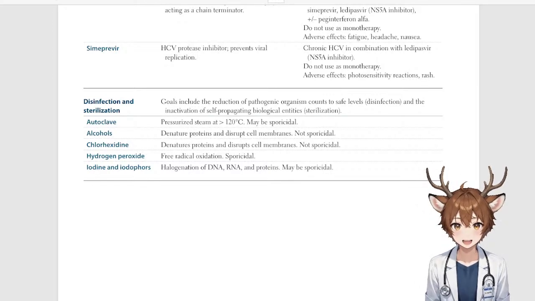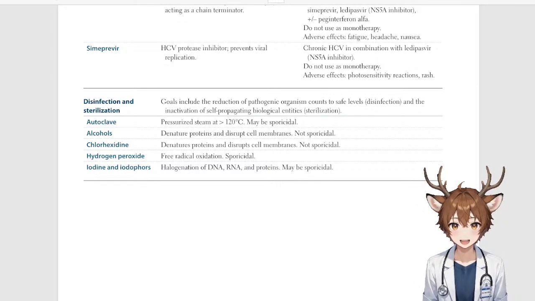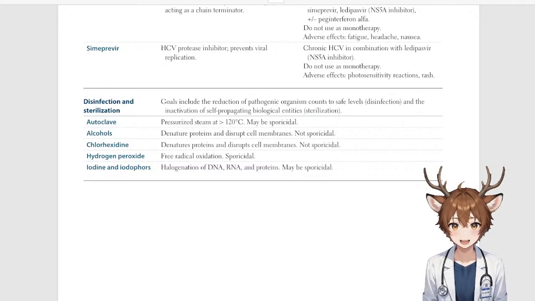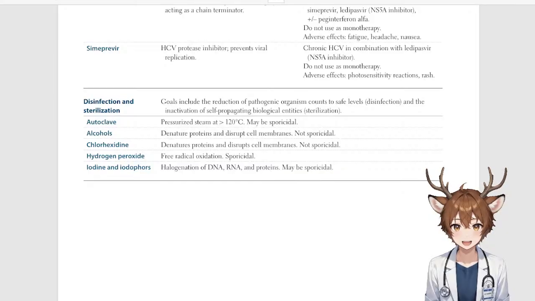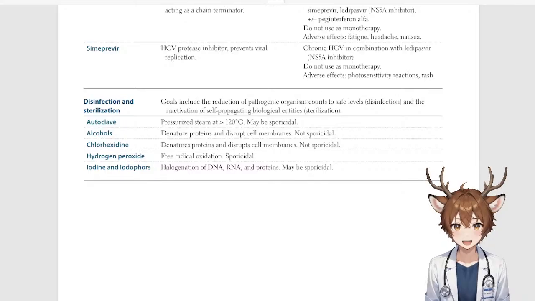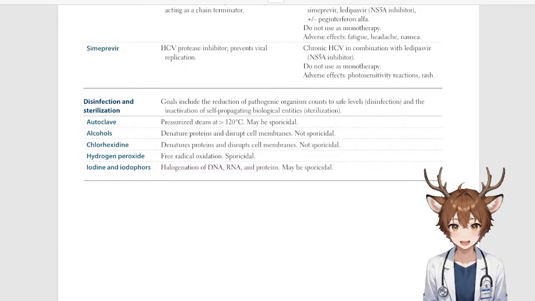Chlorine oxidizes and denatures proteins. Ethylene oxide is an alkylating agent. Hydrogen peroxide causes free radical oxidation. Iodine and iodophors cause halogenation of DNA, RNA, and proteins and may be sporicidal. Quaternary amines impair the permeability of cell membranes.